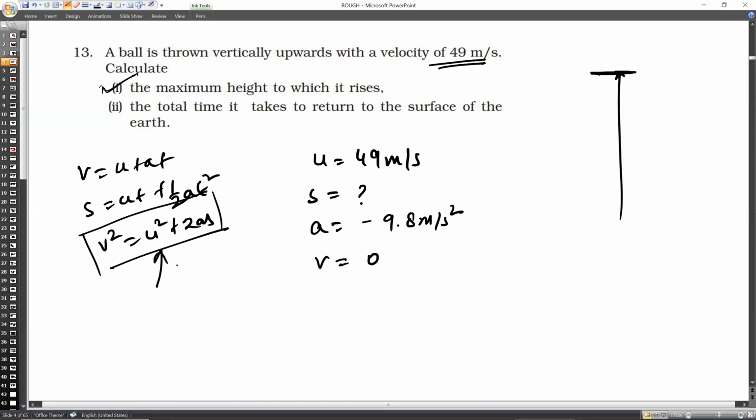So by using this equation, calculate the value of S. Calculate the value of S fast.